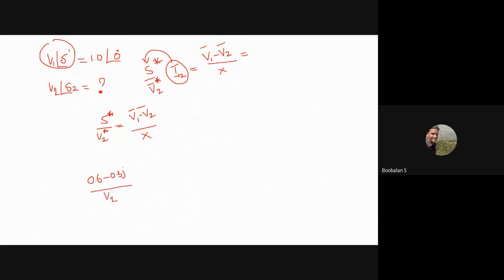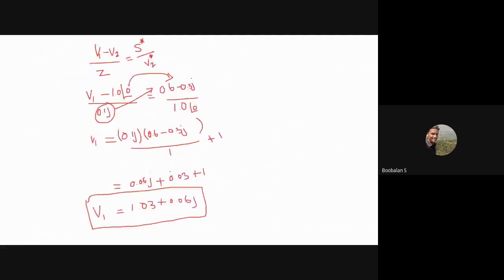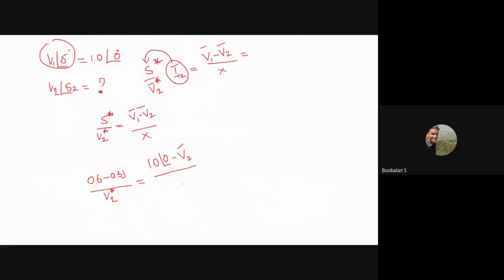We need to calculate v2; we only know v1 now. v1 is 1.0 at angle 0, and v2 is the unknown variable. The impedance is a very low value, about 0.1j.